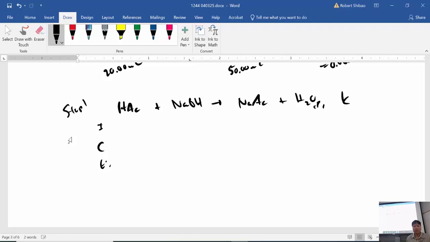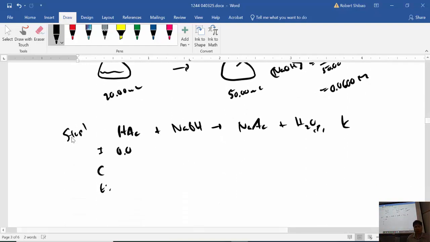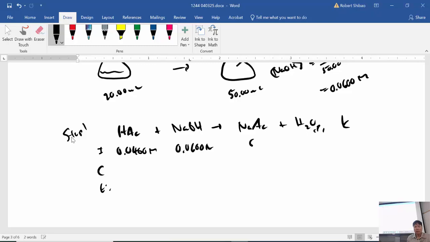We have HAc at 0.0400 and we have excess base, 0.0600, and this is 0. The acid is the limiting reagent, and this is going to take us to 0.0, with the base going to 0.0200. It's nice to have these numbers here; it makes the math easier.